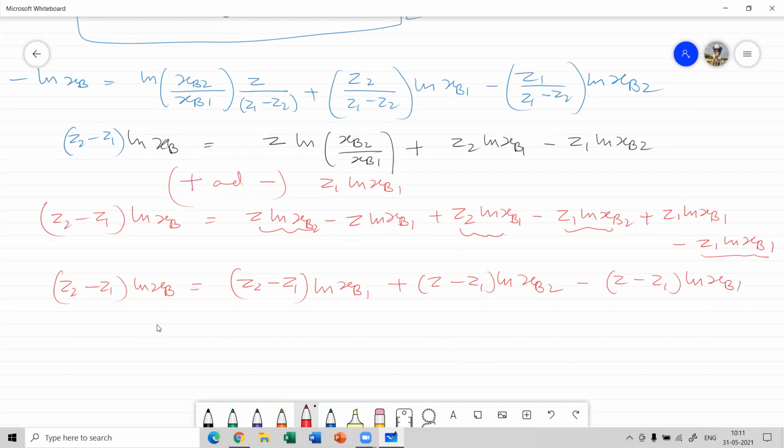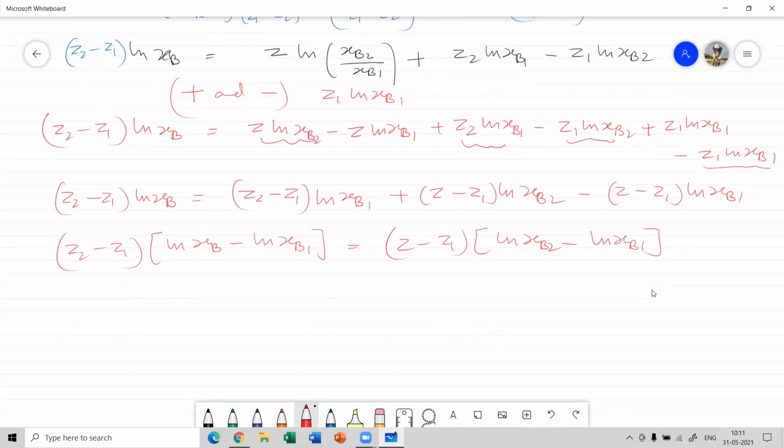Now z2 minus z1 is common, and we have ln xp minus ln xp1, and z minus z1 is taken out, so we have ln xp2 minus ln xp1.